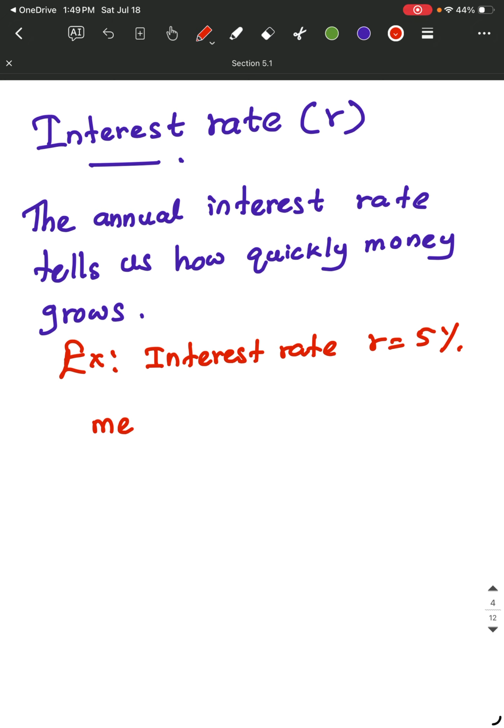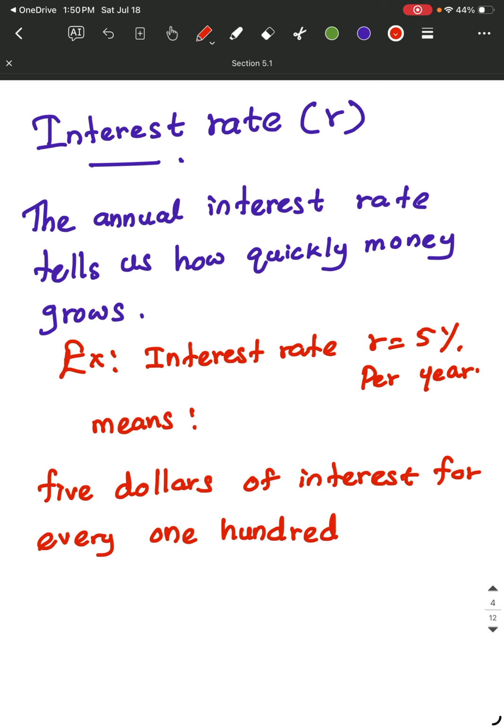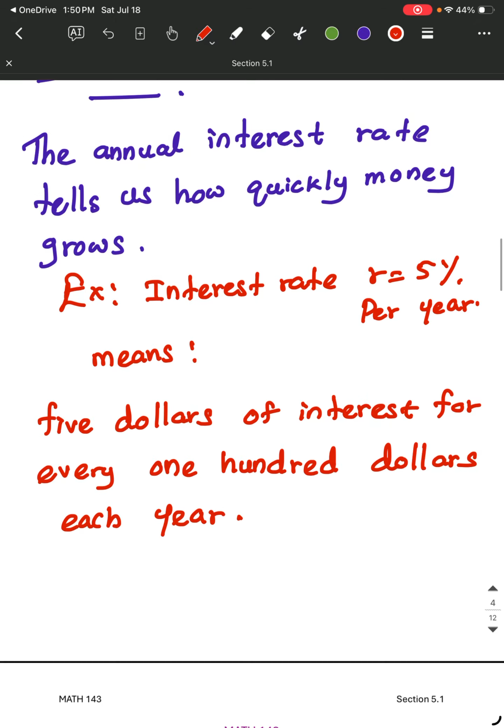That means $5 of interest for every $100 each year, right?